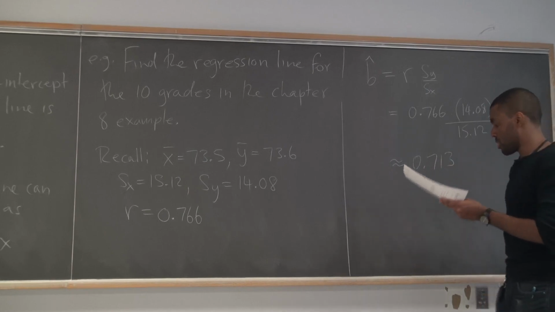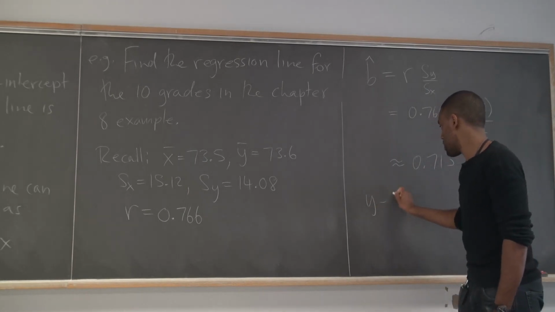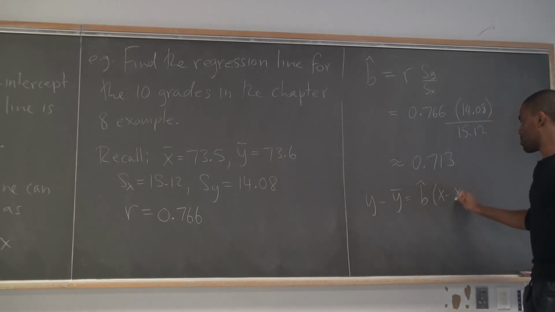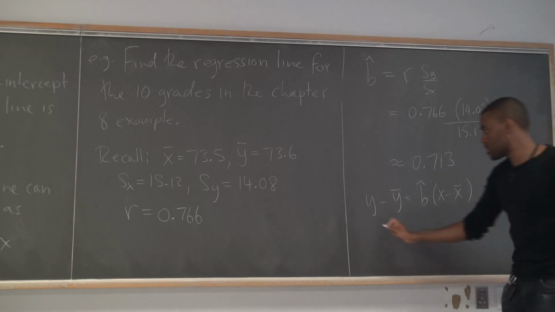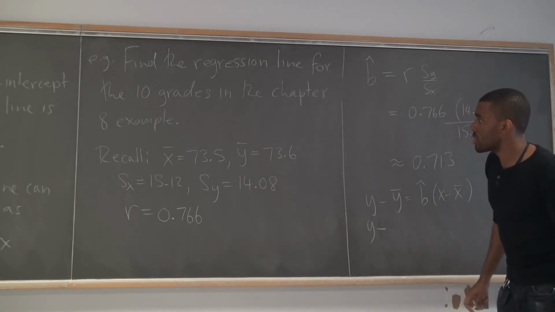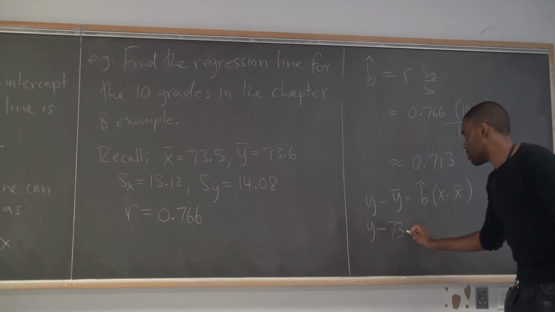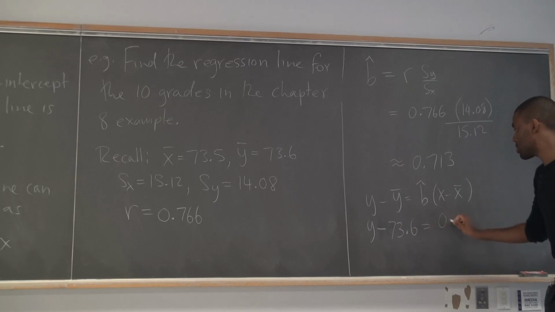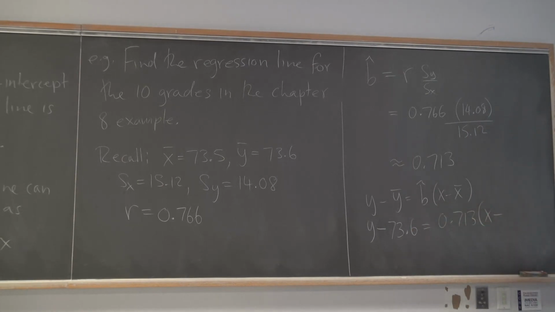So now to compute the regression line, we use y minus y1 equals m times x minus x1. Those are the points that we're using. So it's y minus 73.6 equals b hat, which is 0.713, times x minus the average x value.